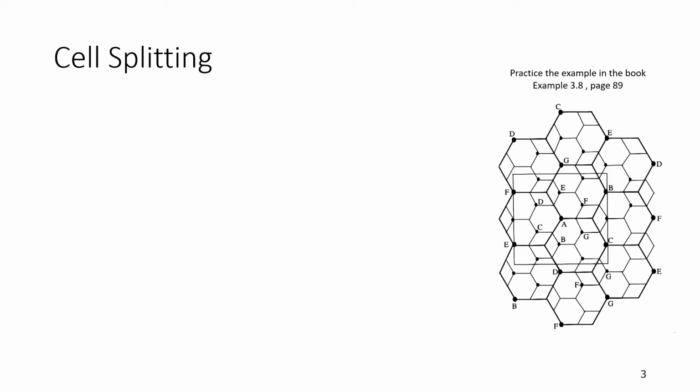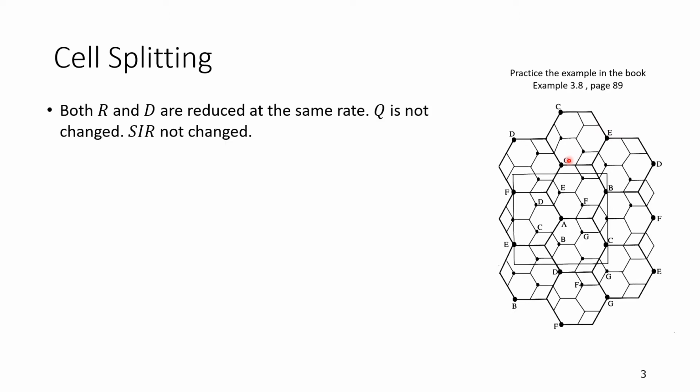In cell splitting, we're showing now a practical example, and it states the following. Both R and D are reduced at the same rate, so Q is not changed. Signal to interference ratio is not changed.